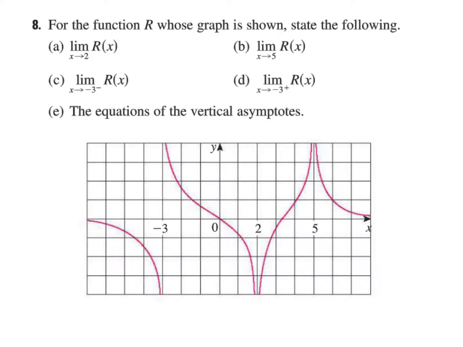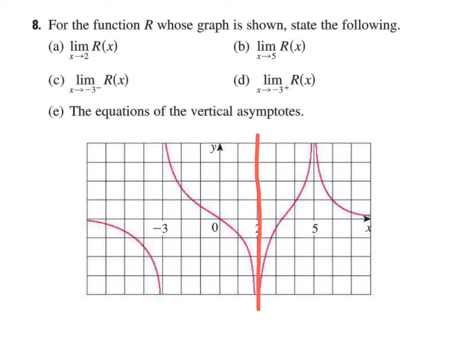So when x is approaching 2, what is r of x doing? What is the function approaching? Well, here at x equals 2, so that's this line here, from the left-hand side, the graph is going down forever, it looks like. In fact, it is doing that.